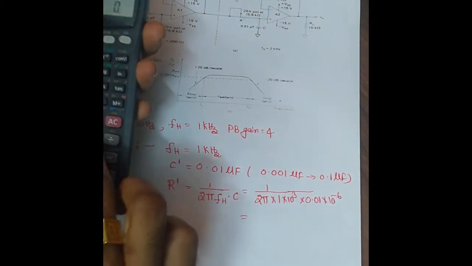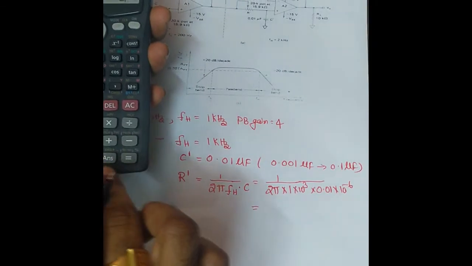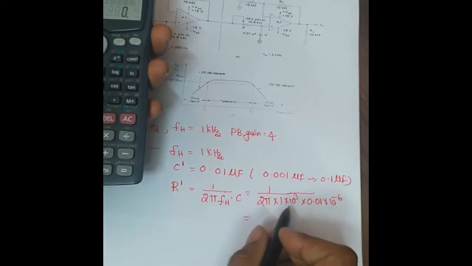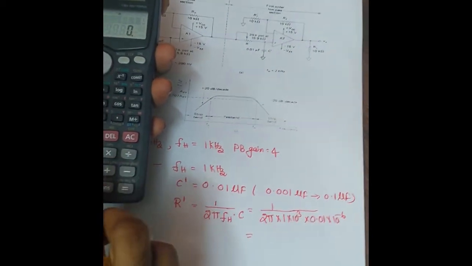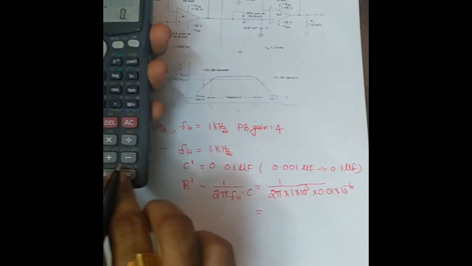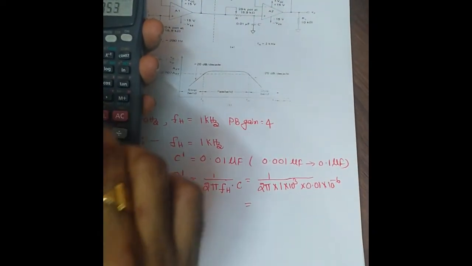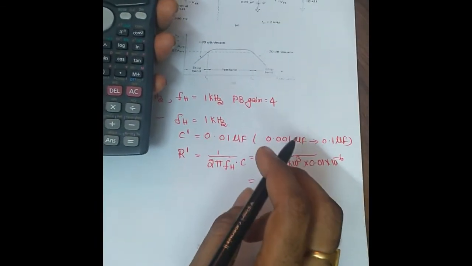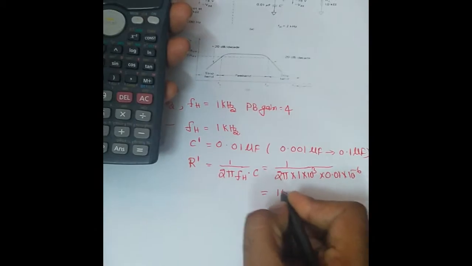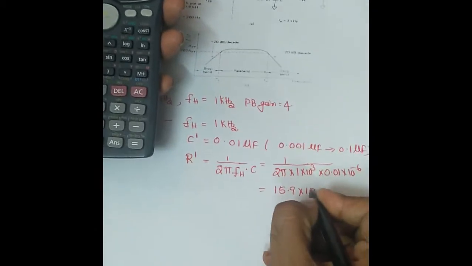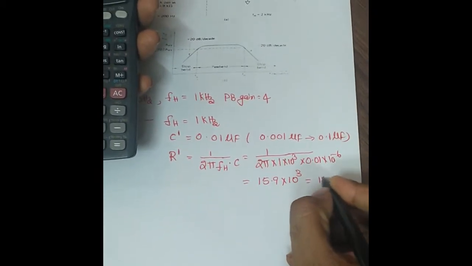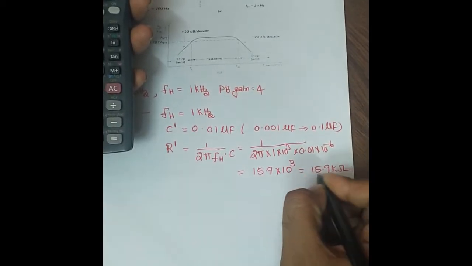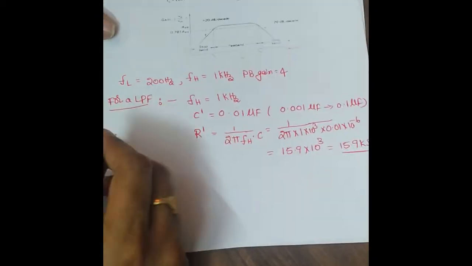If we calculate this, 2 into pi into 0.01, is equal to inverse, which will become 15.9 into 10 cube, which will become 15.9 kilo ohm. This is for the low pass filter section.